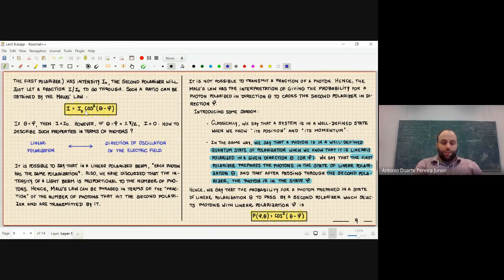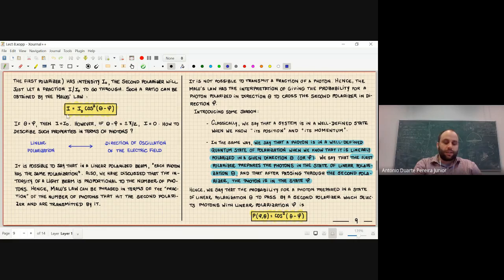However, if the directions of the polarizers are such that theta minus phi is plus or minus pi over 2, then cosine of pi over 2 or minus pi over 2 is 0.